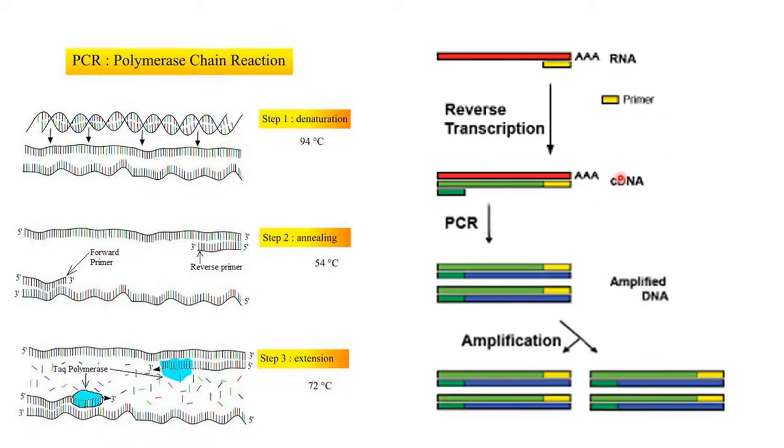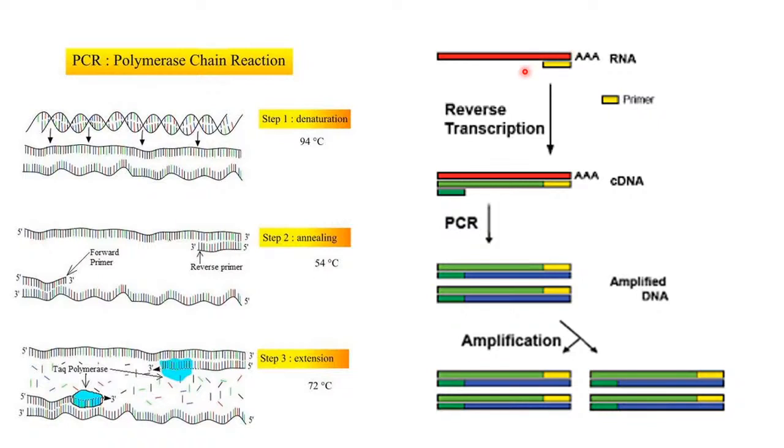Then from this cDNA we start the PCR and we get multiple copies of cDNA. If we are getting multiple copies of cDNA, then I had a good amount of RNA previously. So I can indirectly say that the amount of amplified DNA gives us information about the amount of RNA present initially.